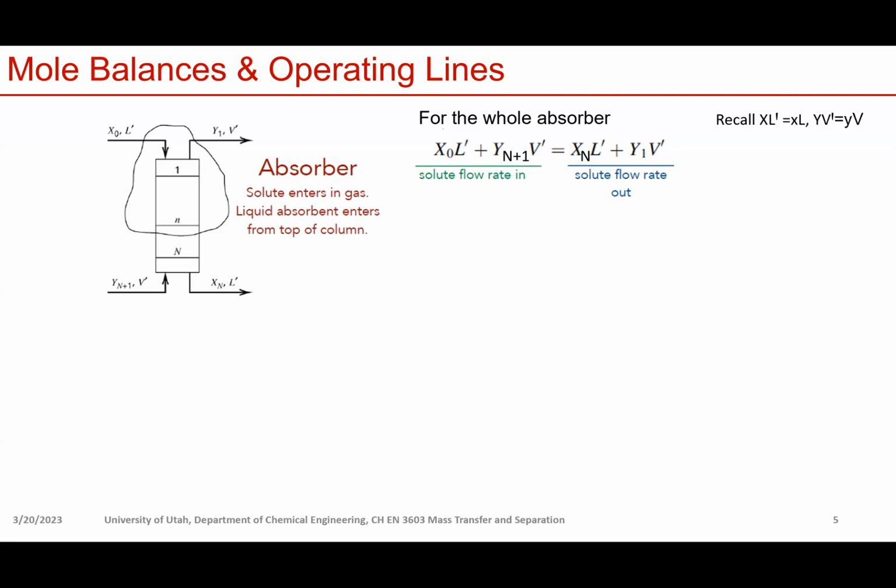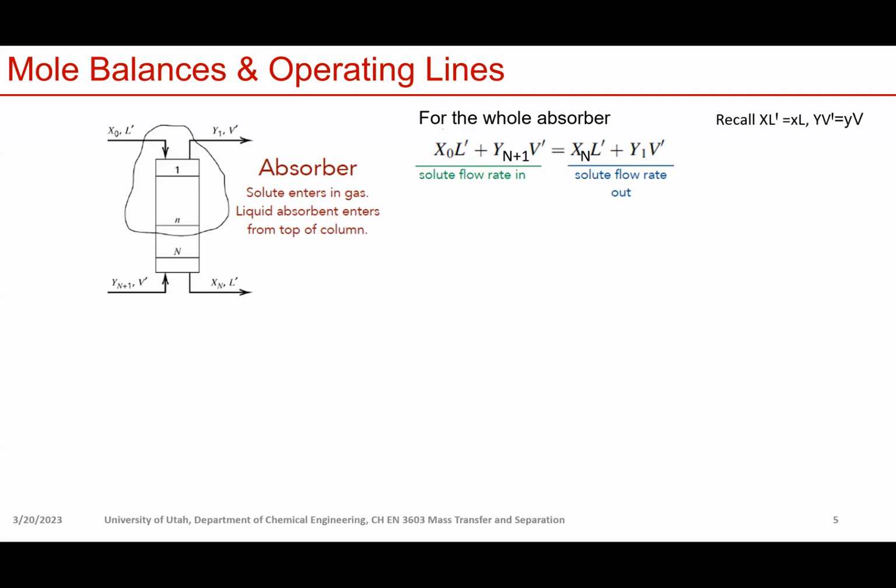Then if we consider the mole balance of the solute entering and leaving the tower, the solute entering the tower would be X0 multiplied by L prime. That's the solute brought in by this stream, then Y n plus 1 multiplied by V prime is the solute brought in by this stream.